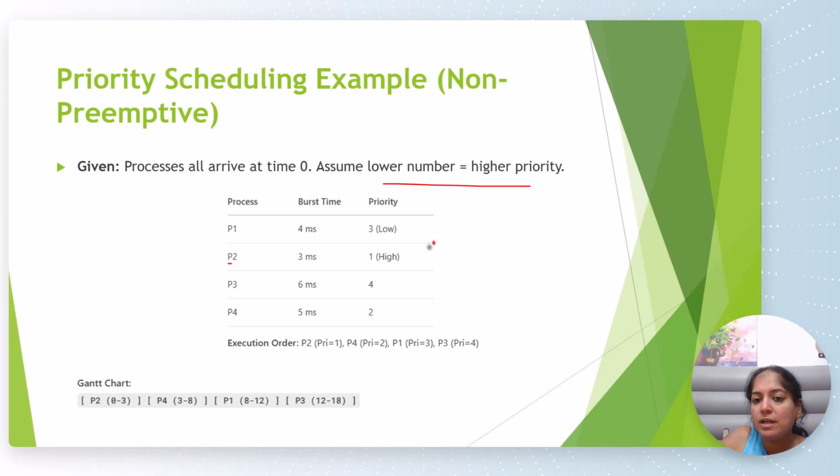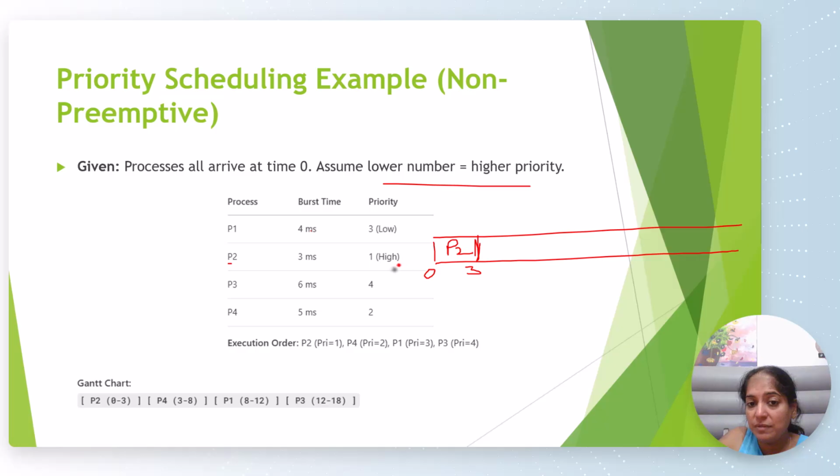If I draw the Gantt chart, P2 will execute first from 0 to 3 because its burst time is 3. Then from the rest of the processes, the highest priority is P4, so P4 will execute and its burst time is 5, so 5 plus 3 is 8.